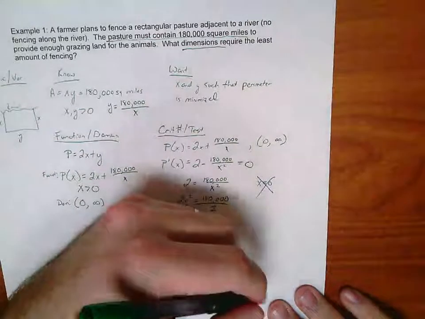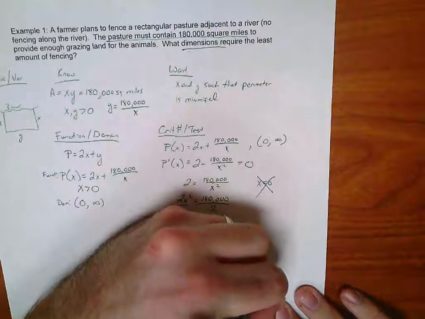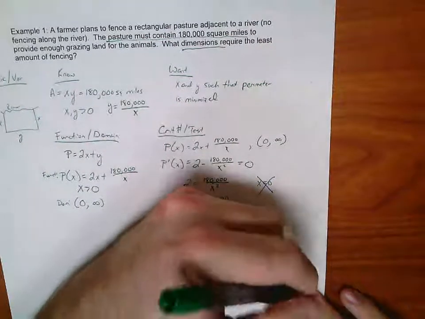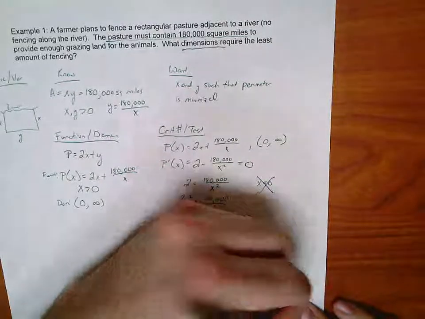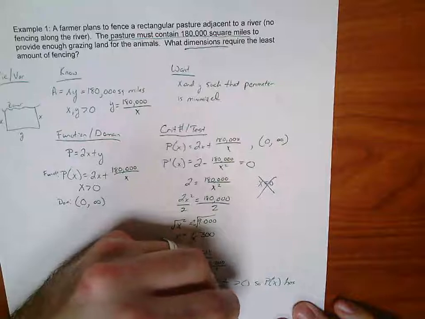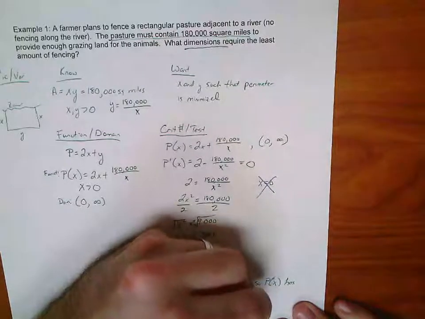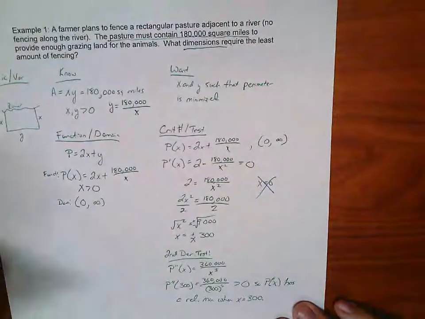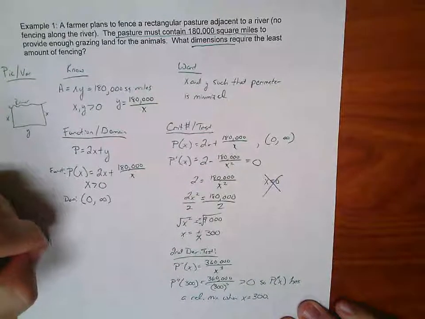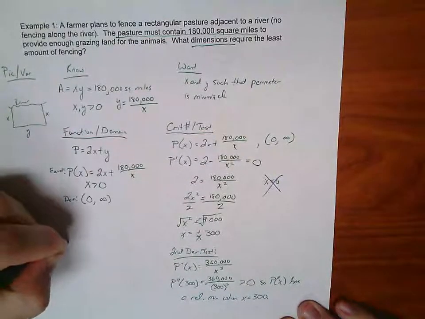That tells us by the second derivative test that p of x, our function, has a relative minimum whenever x equals 300. Now the last step is to answer the question.